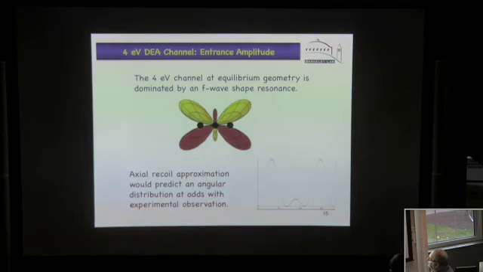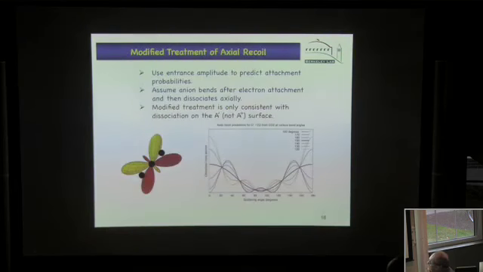And you can use this to predict, if you assume that the molecule dissociates axially no matter how the electron attaches, an angular distribution that looks like this, which is of course the inverse of what they measure. So here it's 0 in the forward and backward direction, with strong peaks at 30 and 150 degrees.